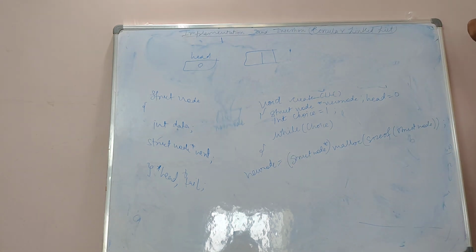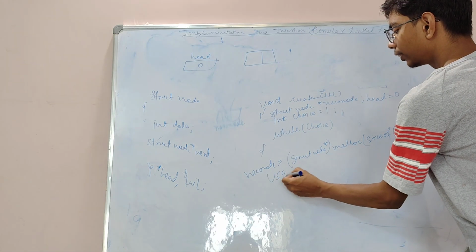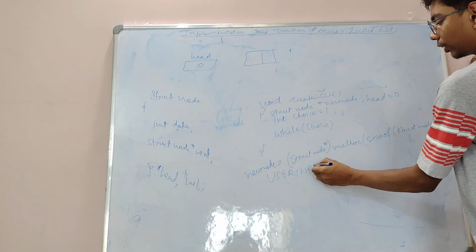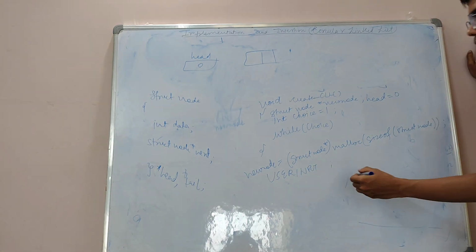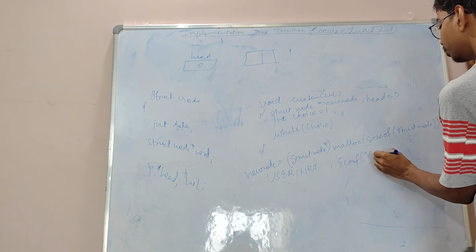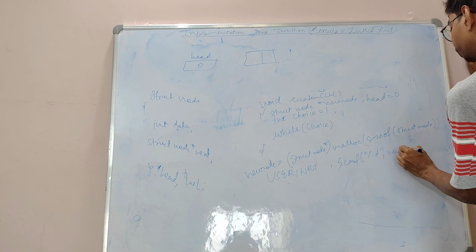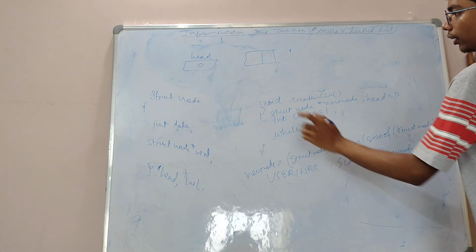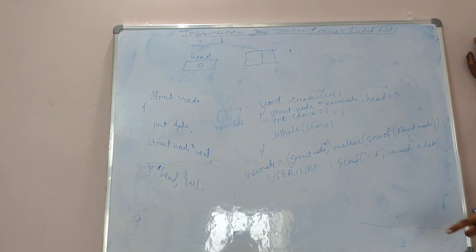This I will write, and then I will ask my user to input the data. So using a scanf, I will take my data and put it into the data member of the node, right?